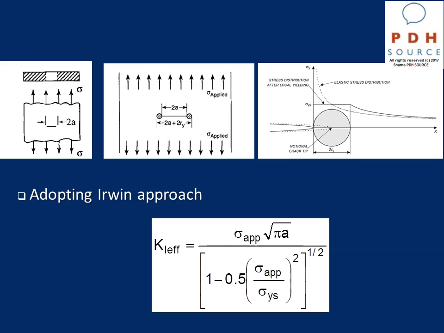So basically he suggested that we increase the crack length by 2 Ry. Ry from this side and Ry from the other side.